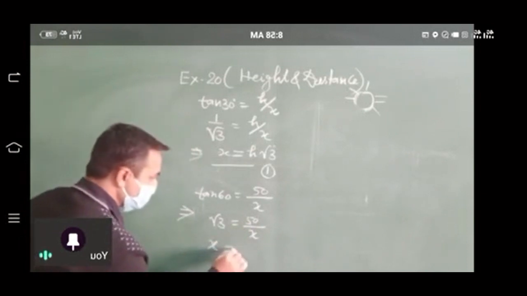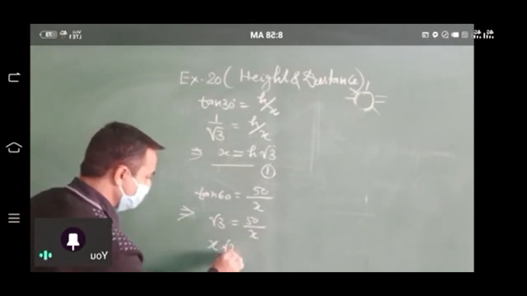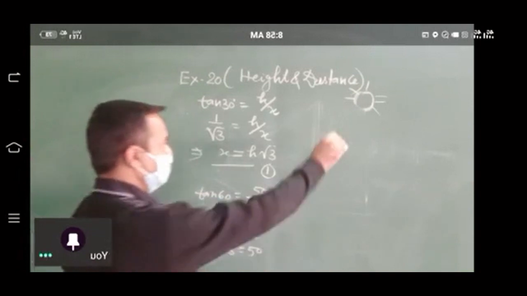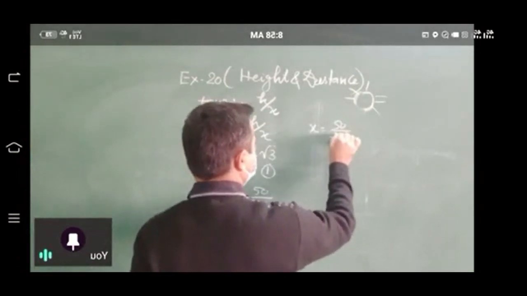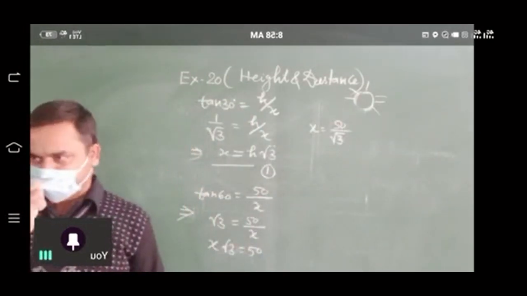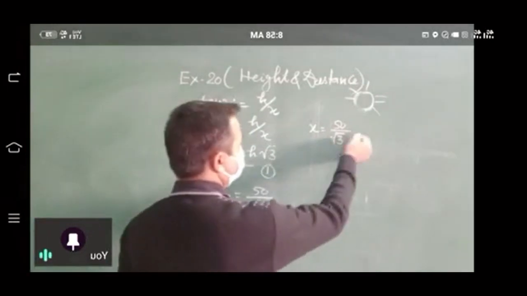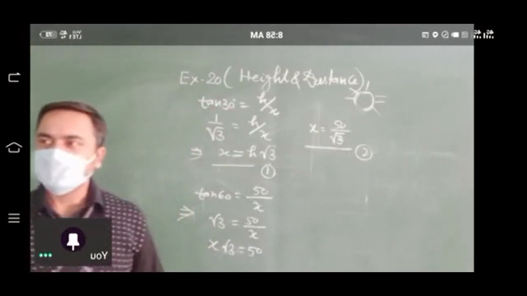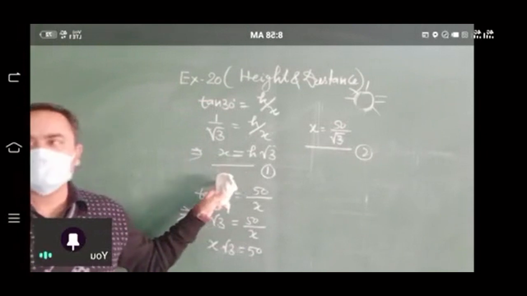First of all, do the cross multiply. So x under root 3 equals 50. Then x equals 50 divided by under root 3. Either you rationalize under root 3 or directly put the value of x in equation second.